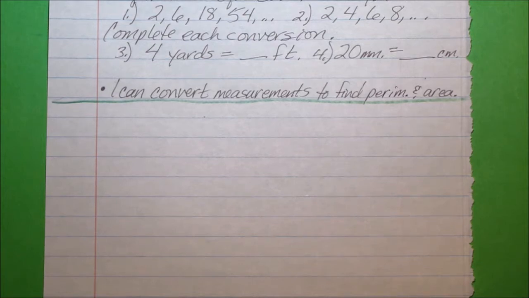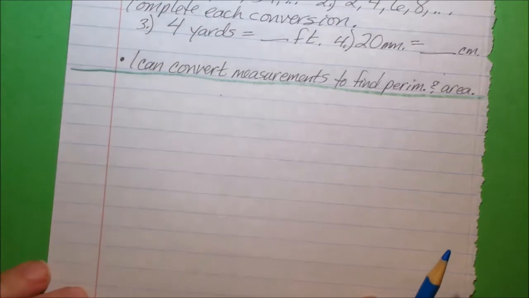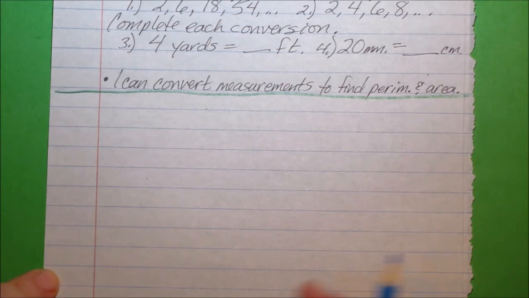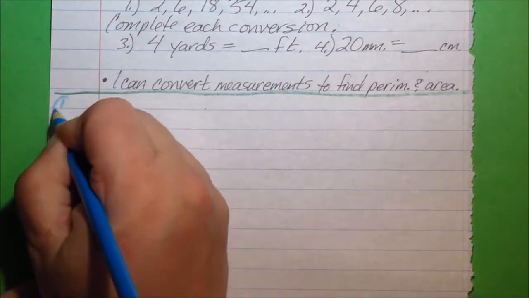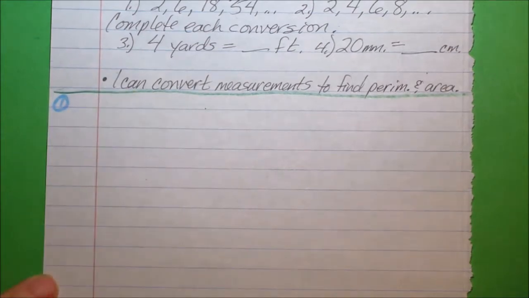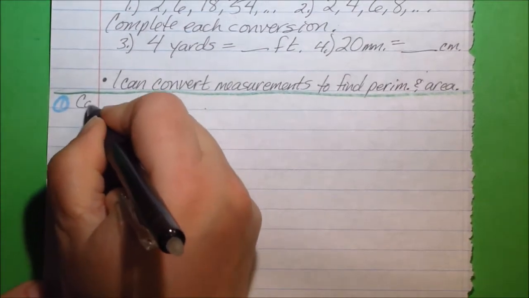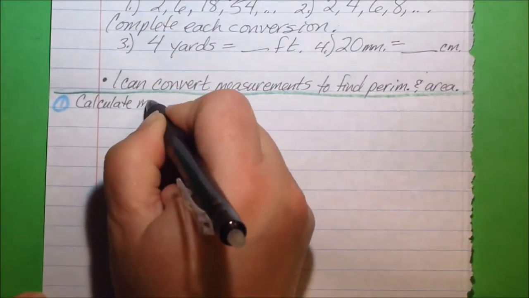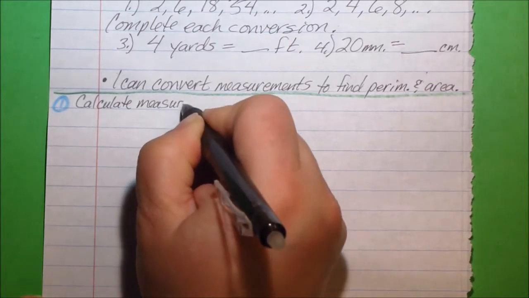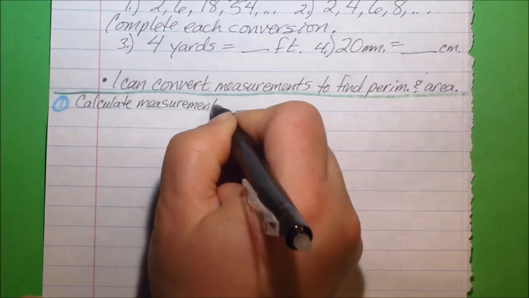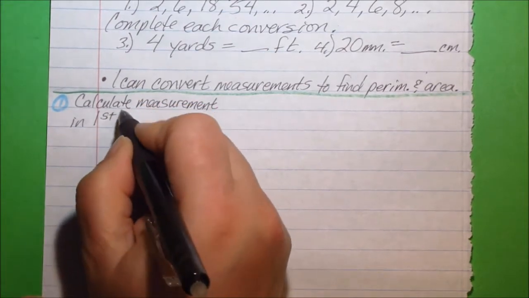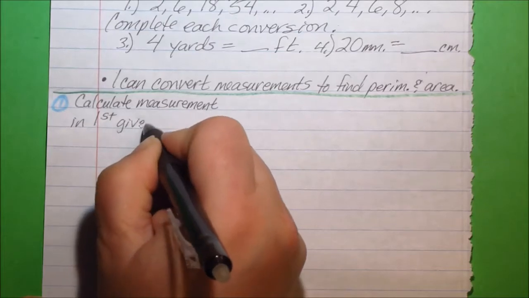All right, so first let's write down what our steps are for how we convert. Well, not just how we convert, but how we're going to use measurements in converting. All right, so step number 1, and I'm writing real small here. Step number 1 is we're going to calculate measurement in first given unit.